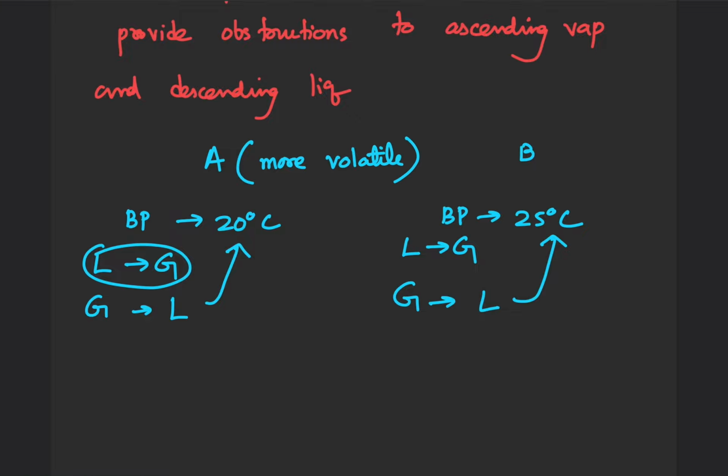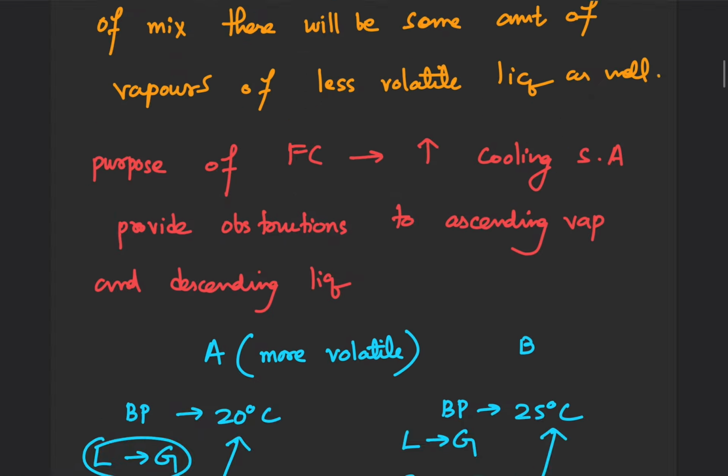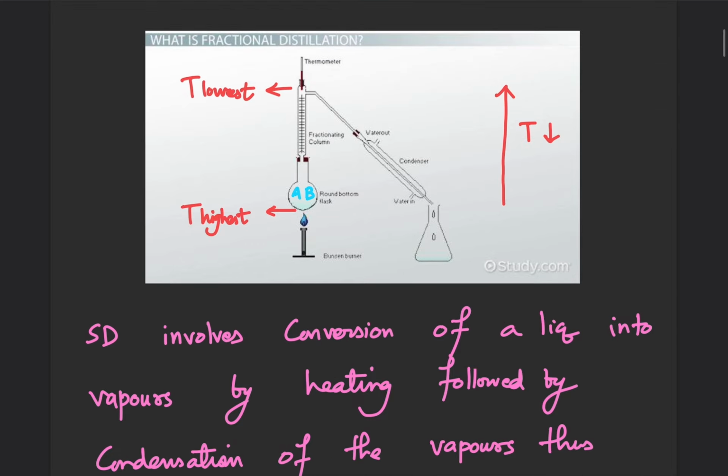Okay, so upon heating, the mixture starts boiling, right? So we are heating both of them, and it starts boiling. Vapors will consist of, as I mentioned, both A and B because their boiling points are very nearby. And obviously, there will be a temperature gradient set up in the fractionating column. So let's say the temperature gradient is like this.